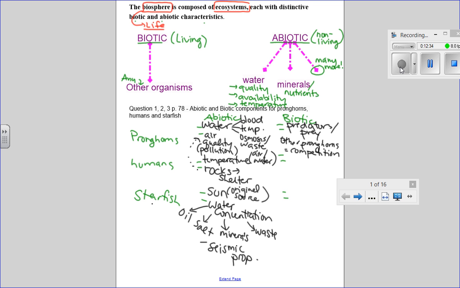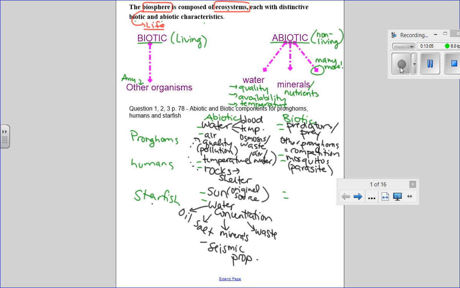I saw at least one person wrote mosquitoes on their list, so I'm going to put that next. Mosquitoes are things that affect us, and what is a mosquito classified as? Does anyone know what type of organism we would call it? So a mosquito would go in maybe the parasite category, things that require another organism to survive.